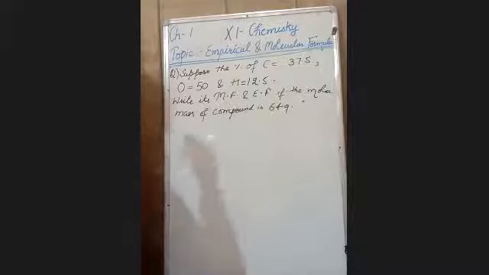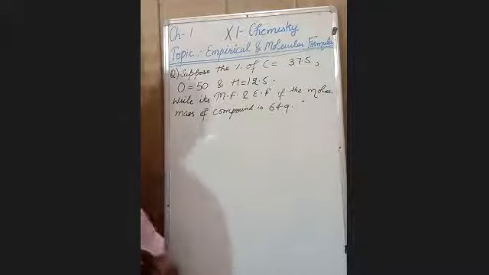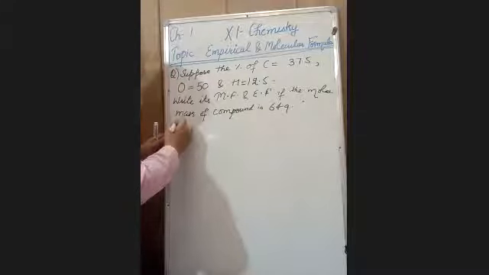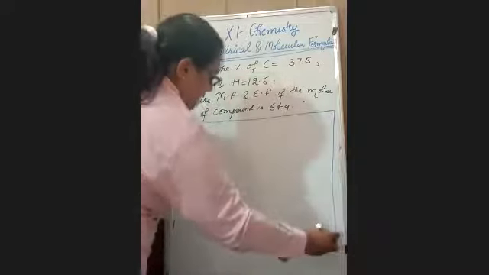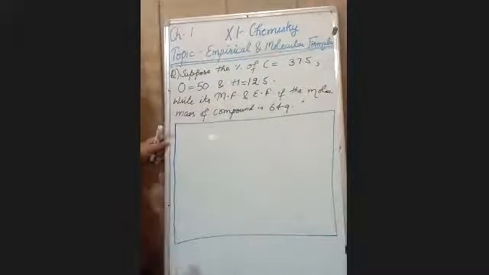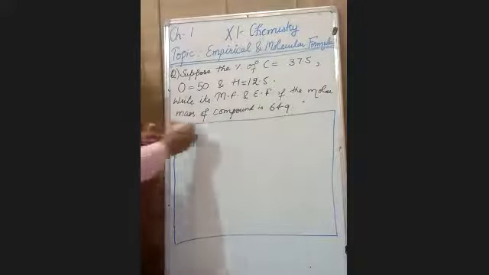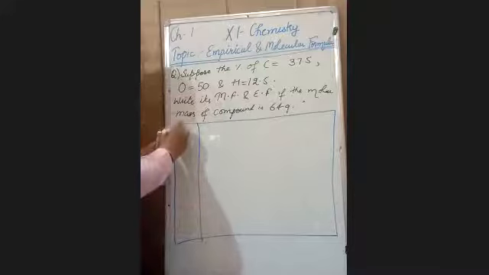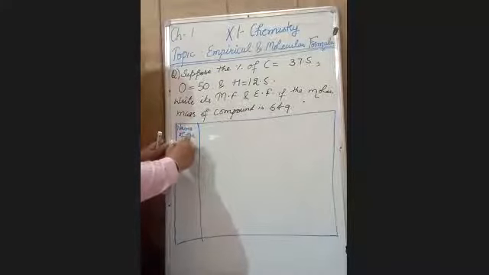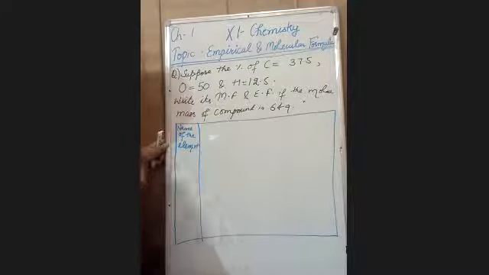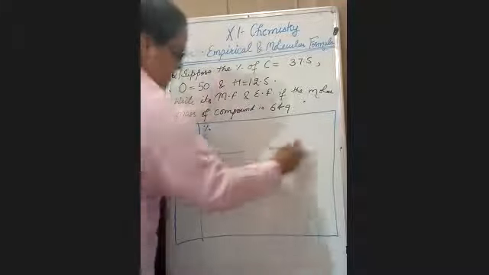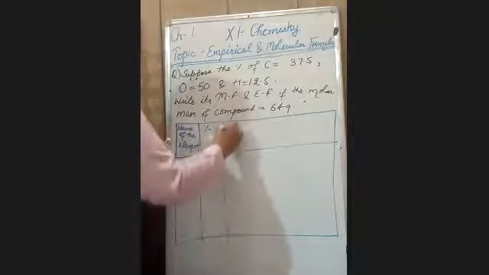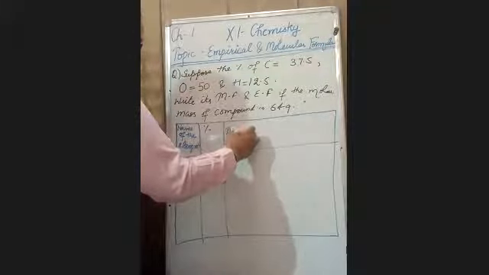Okay. Now, how will you do this? For this, we have to make a table. In papers, this question generally comes for 3 marks. First is the name or symbol of the element. Second is their percentage, which is given to you. Third, write with me, atomic mass.